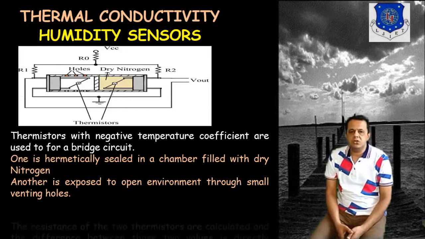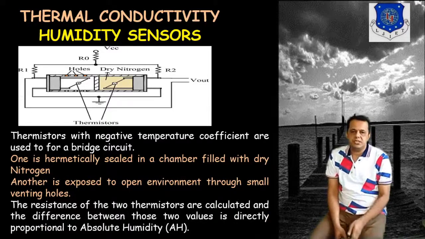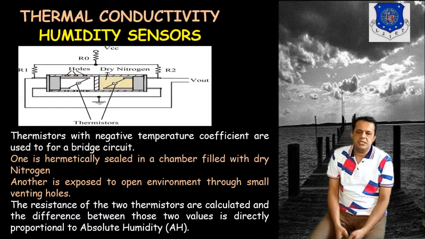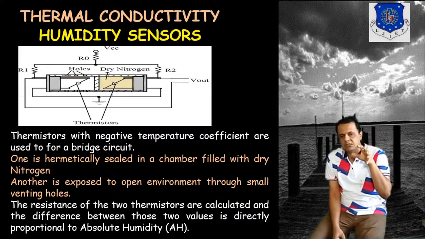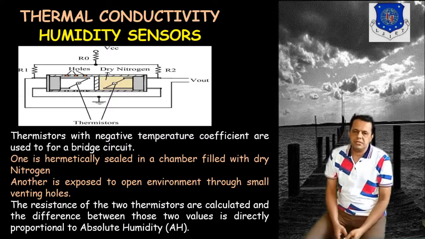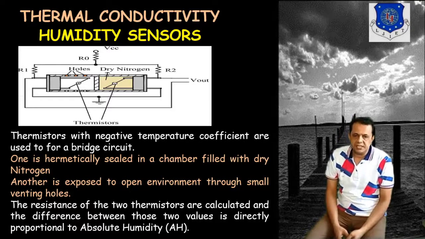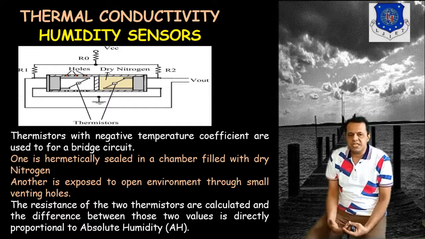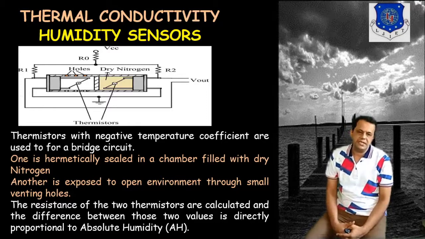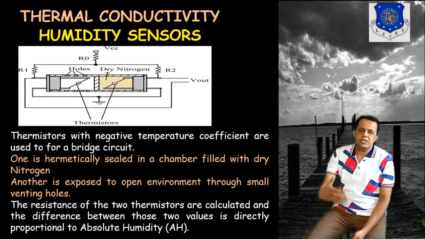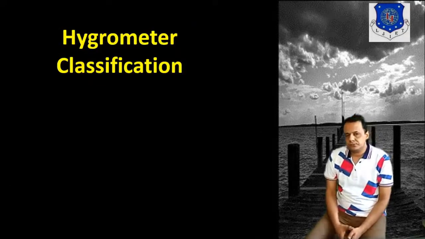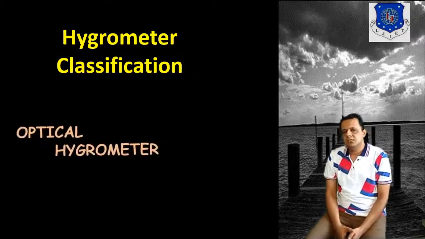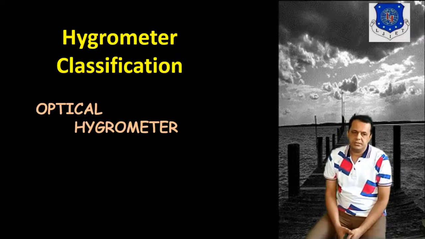Here you see with the yellow color the dry nitrogen filled up, that is the sealed chamber, and we have shown holes from where our reference or our sample under measurement will enter. Then there will be a change in the thermal conductivity, and the difference measured is directly proportional to absolute humidity.